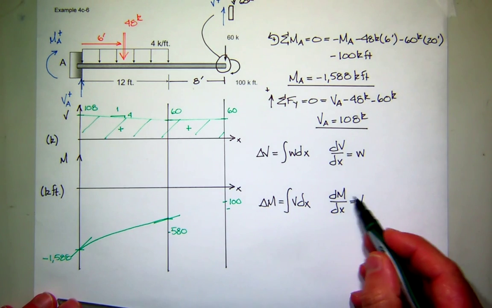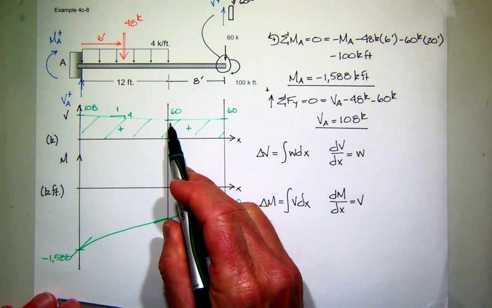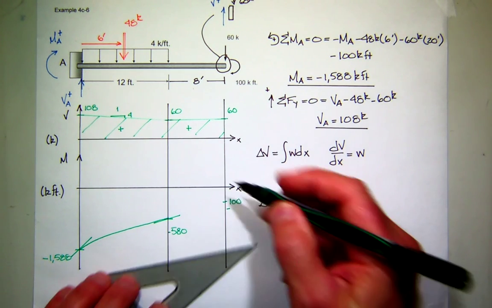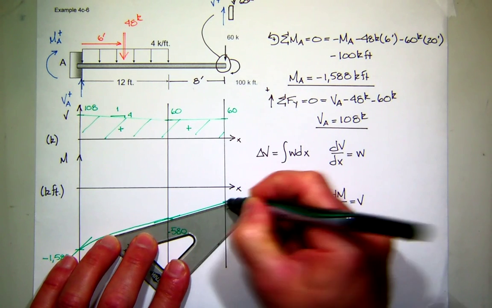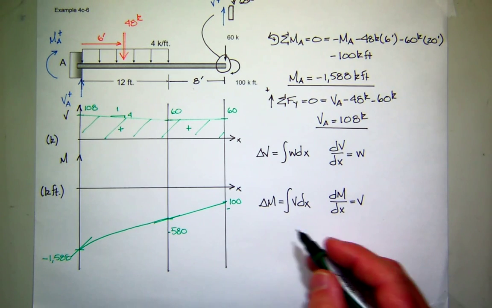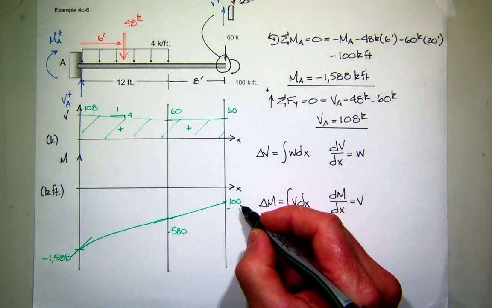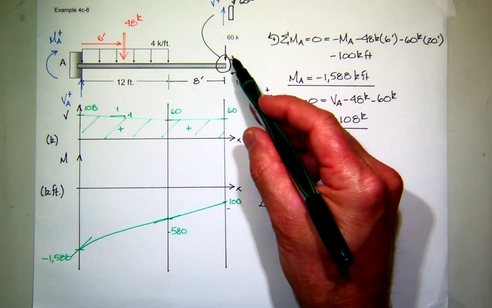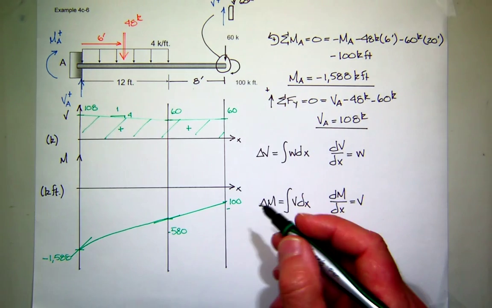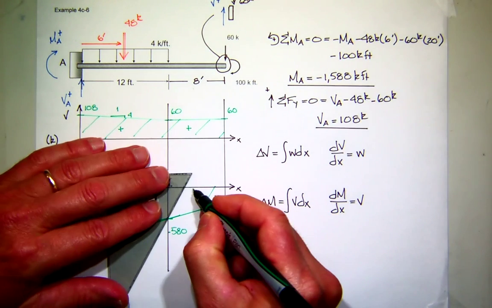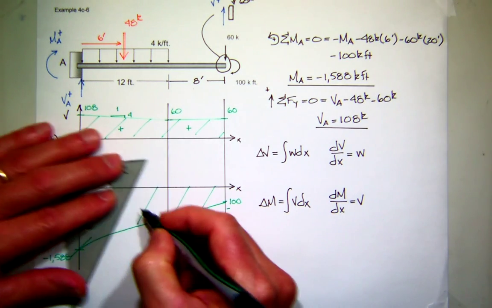And what's the slope? It's the shear, and the shear is constant and positive. So this section of the graph is a straight line. And it ends up at negative 100. Does it make sense that this is a negative 100 bending moment? Yeah, I think it does. So there's your moment diagram.